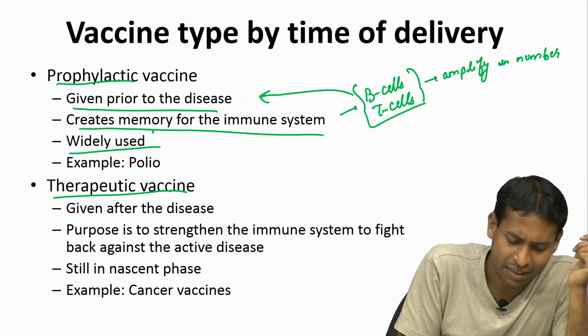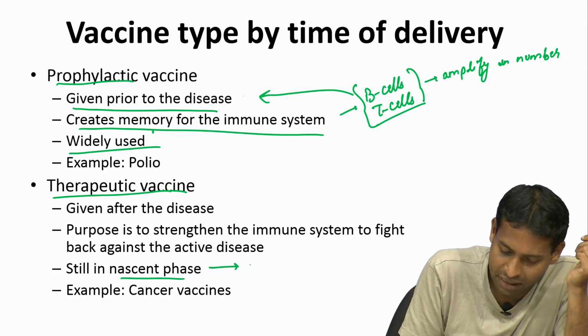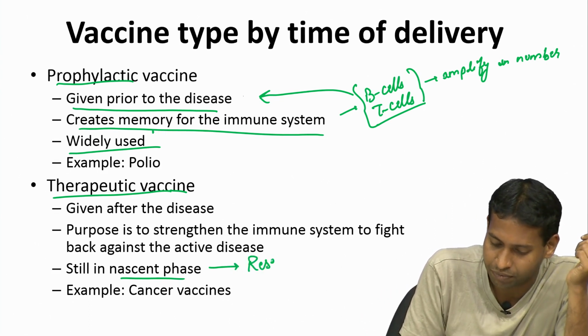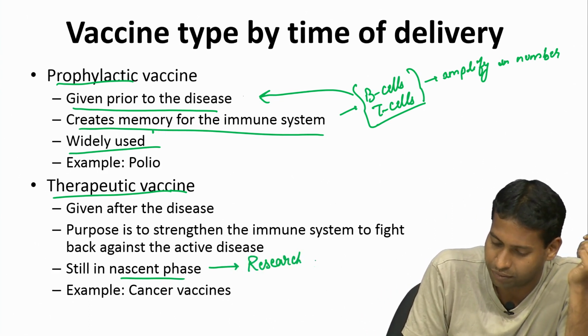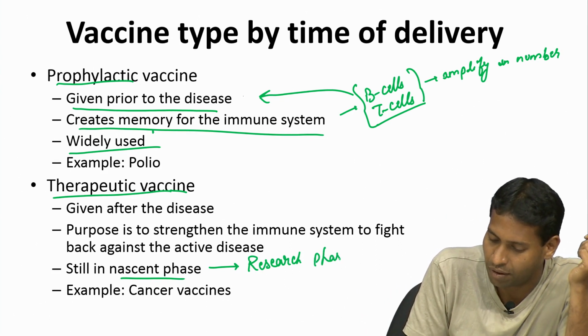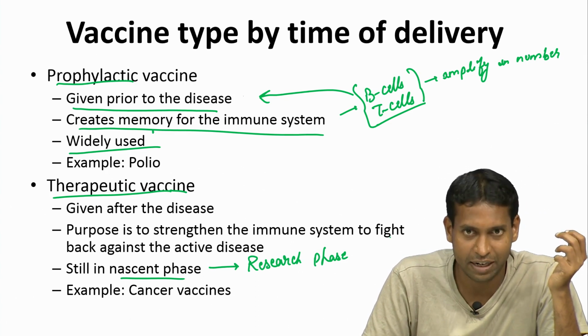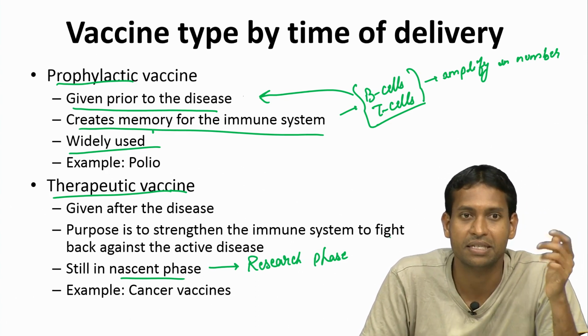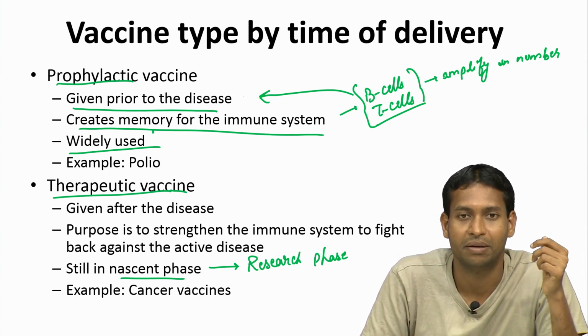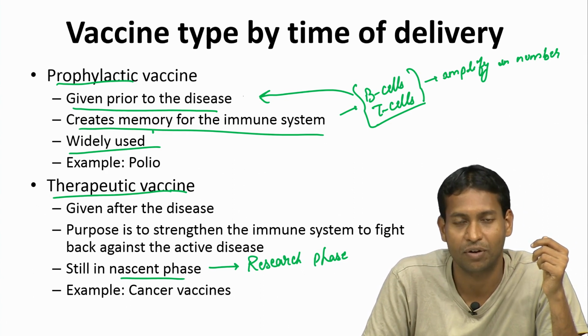This is still fairly in the nascent phase, quite a lot in the research phase, but not a whole lot in the clinic. It is still relatively new. It has shown some success, but more and more needs to be done before it goes to the clinic.